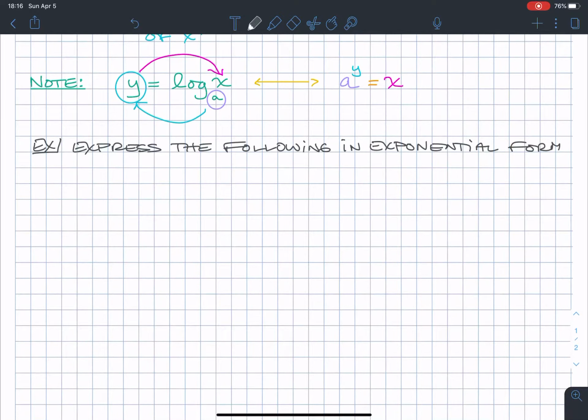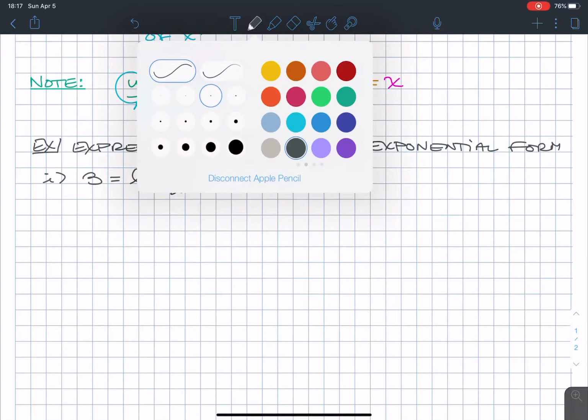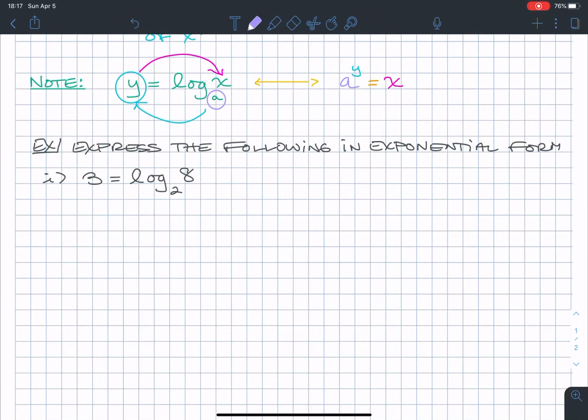Okay, so number 1, let's say we have 3 is equal to log base 2 of 8. What I want to do is start at the bottom.